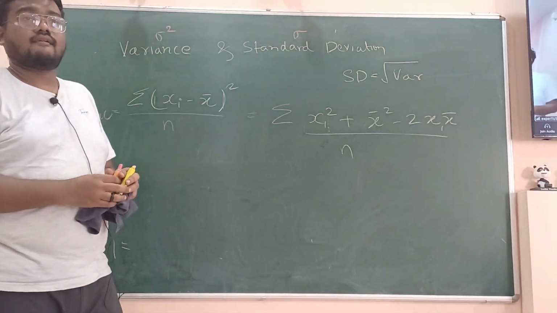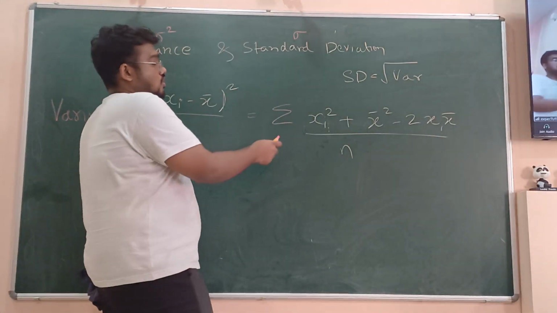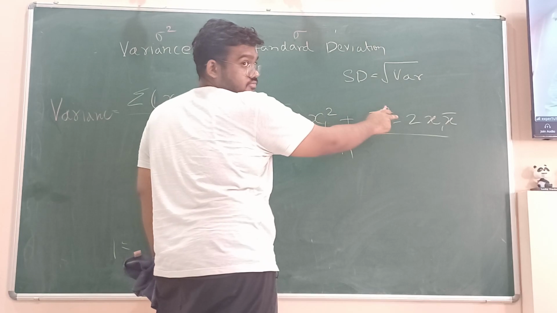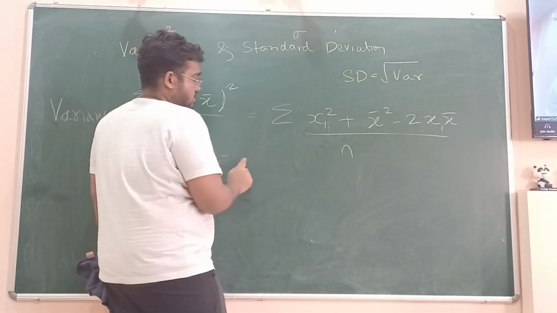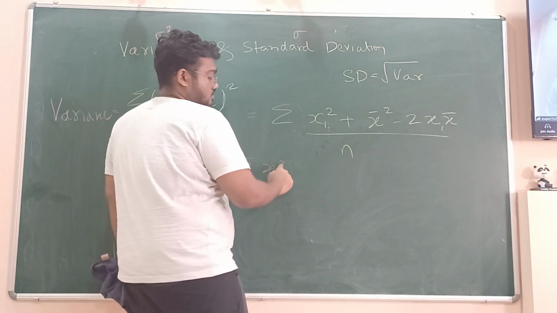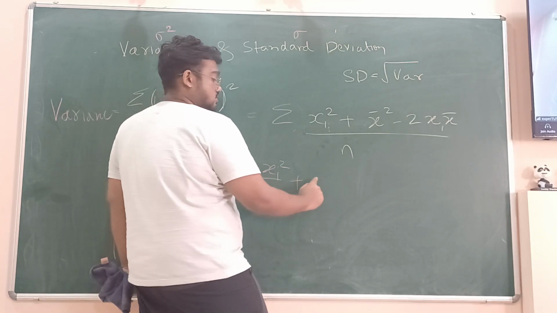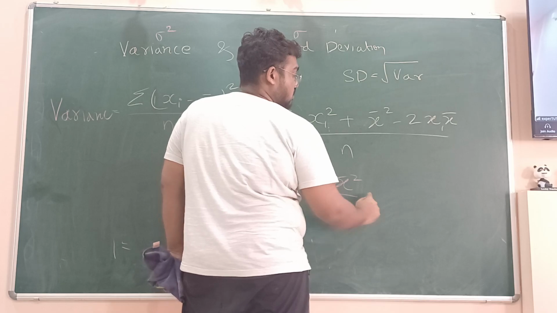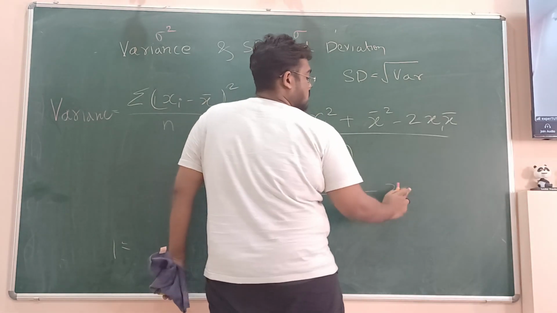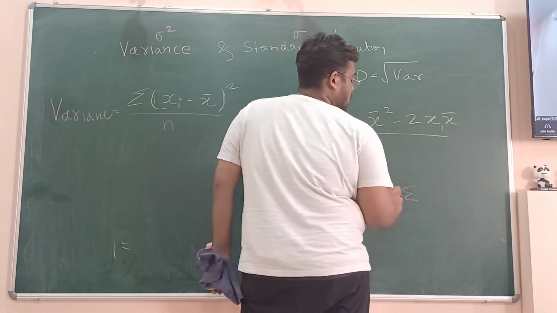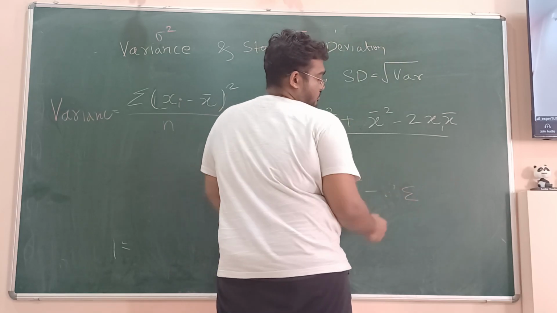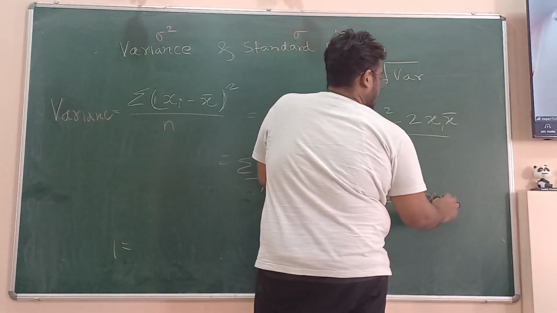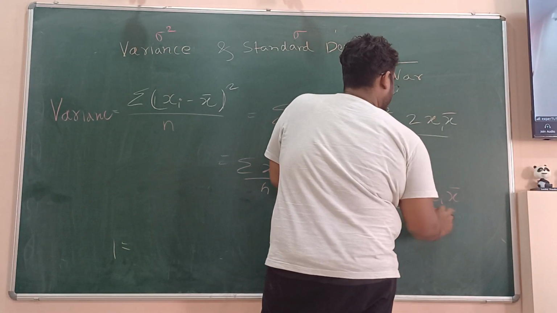Now look, this is summation, right? So you can separate this summation, no? So you can write this as sigma of xi square by n plus sigma of x bar square by n minus sigma of 2 xi x bar by n. Understood?